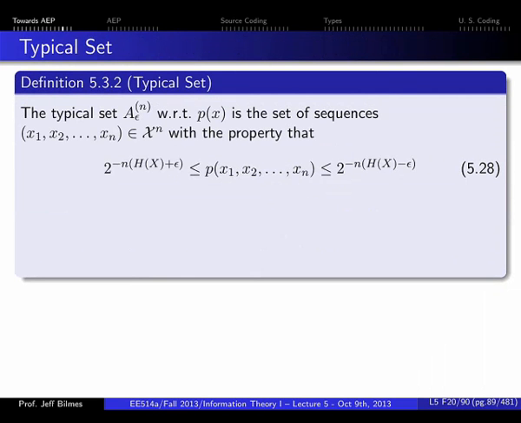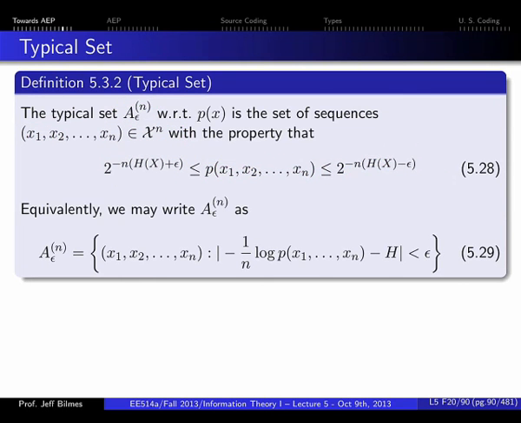Now, in order to make this very precise, we need to start talking about specific bounds on these quantities and define precisely what the typical set is. And in order to do so, we need not only an n, but in some sense a tolerance or an error, which is epsilon. I waved my hand again and the light turned on. So what we're saying is that any sequence that has the property that its probability is upper bounded by this and lower bounded by this is going to be typical.